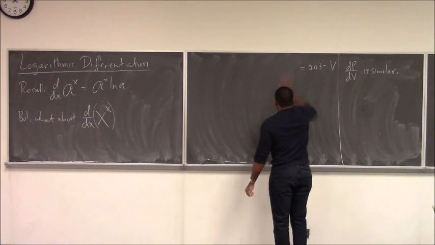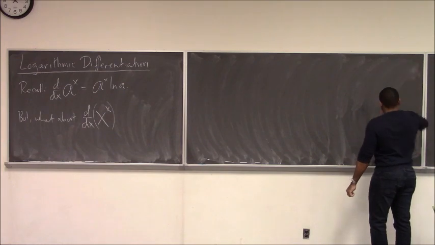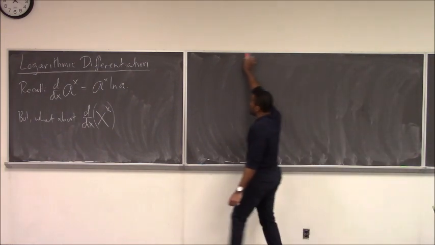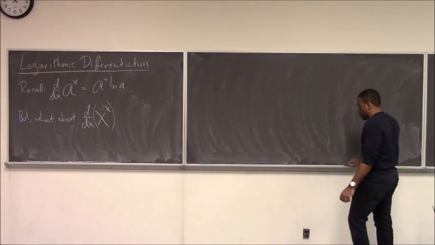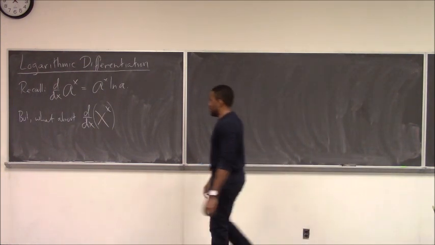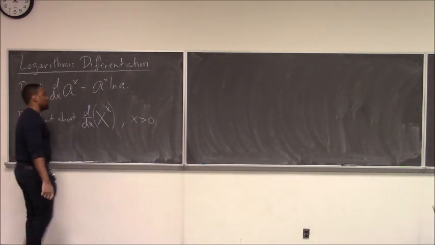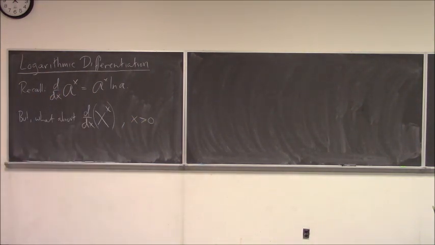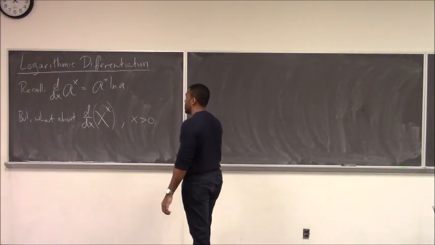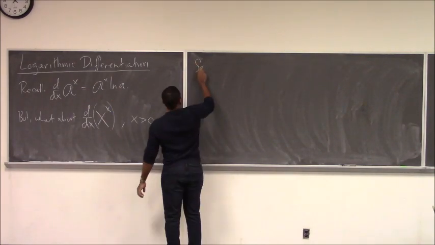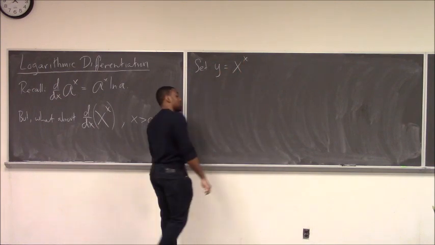So this is something new. So here, we're going to do something that is going to help us deal with this guy, despite the fact that we don't have a rule for it explicitly. To make things simple, I'm going to assume x is greater than 0. The negative case can be dealt with separately. But here's what I'm going to do. Set y equals x to the x.